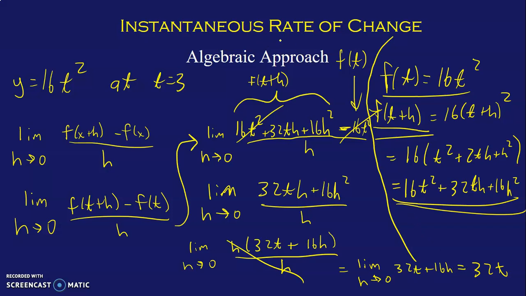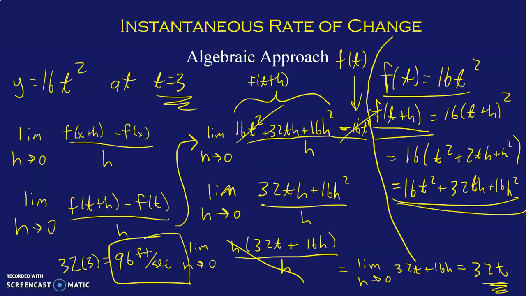So the instantaneous rate of change is 32t, and we wanted it at t equals 3. Sorry, I ran out of room, but we're going to do 32 times 3, which is 96 feet per second, which is the exact same answer that I got on the previous slide.